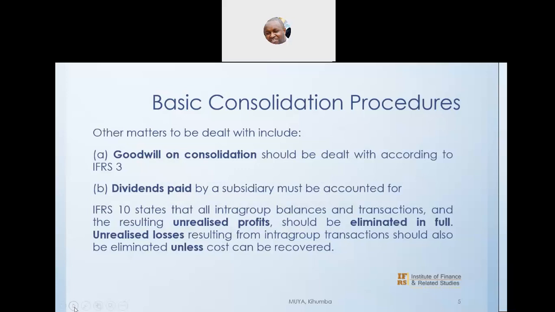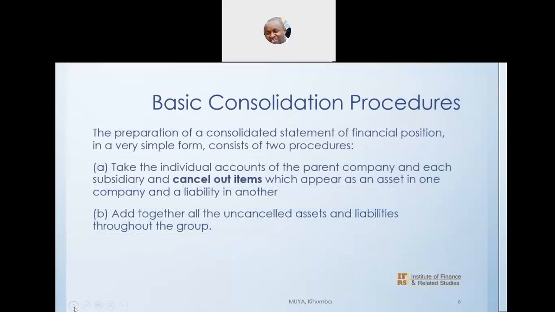And out of that, we end up with one company having payables, or claiming some receivables from the other. Of course, on the books of the other, we'll show a corresponding entry, a corresponding liability. These two should be cancelled out against each other.